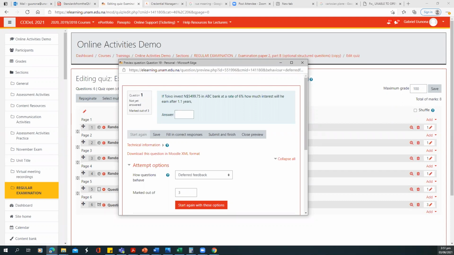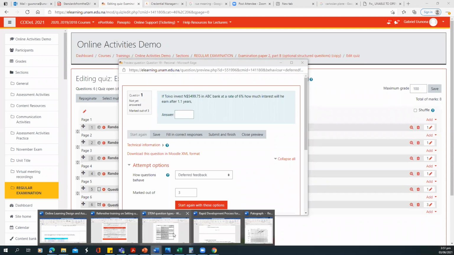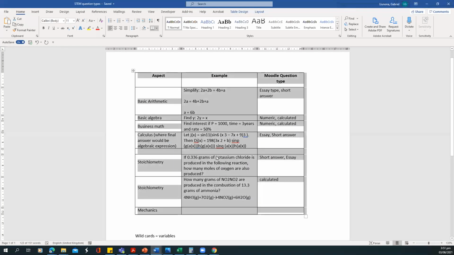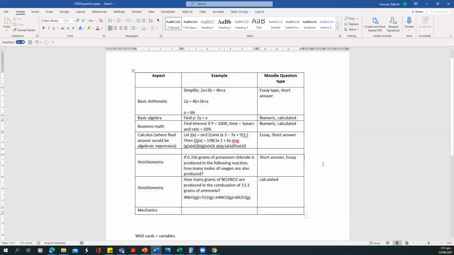Okay, let me think of another example then. But before I go to another example, I think it's necessary to emphasize one thing. Is it here? Yeah. From this table, remember, not all complicated calculation questions should be put under calculated question, especially those that have final answers in algebraic expressions.